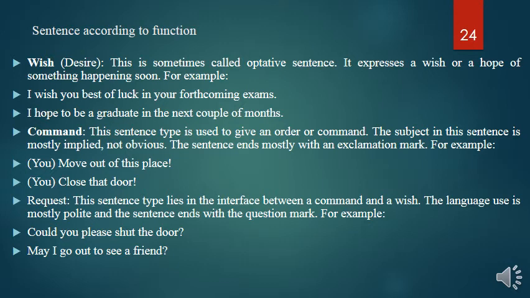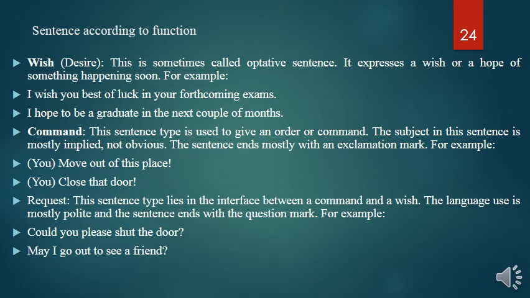For example, move out of this place. So we can see that the subject you is in brackets. It is telling you to move out of this class, but in most cases it is implied, that is, the subject is not apparent. Close the door, or you close the door.